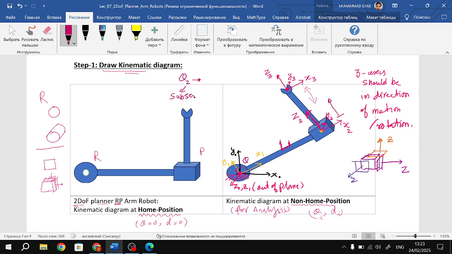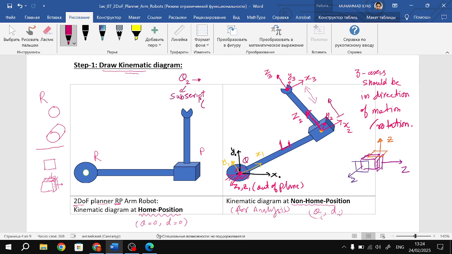For a joint variable, we use the subscript of the next frame, because when this theta moves, its immediate effect will be on the x2 frame.